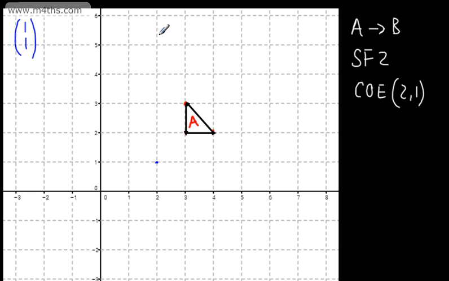If I'm applying a scale factor stretch of 2, instead what I need to do to draw shape B is (2, 2). If this was a scale factor stretch of 3, or scale factor enlargement of 3, I should say, then it would be (3, 3), (4, 4), (5, 5), and so on and so forth. So this time I'm going to move 2 across and 2 up, and this vertex is mapped here.